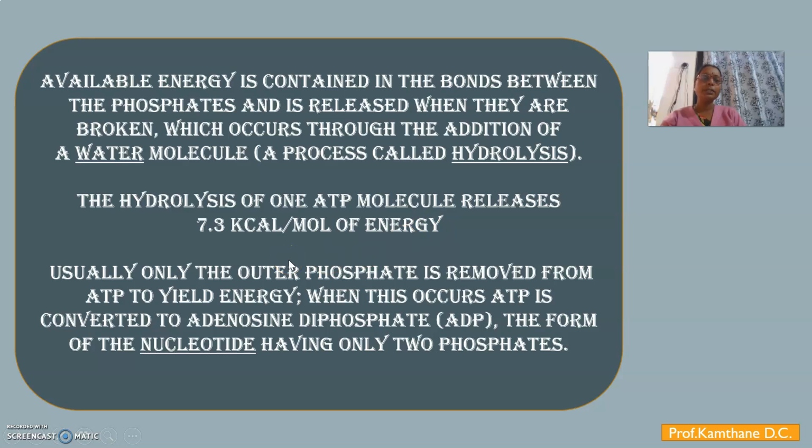Usually the outer phosphate is removed from ATP, releasing energy. When ATP is converted to adenosine diphosphate, a nucleotide having only two phosphates, one phosphate is removed and energy is released.